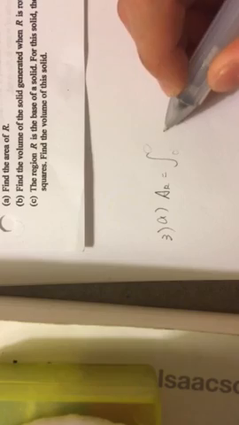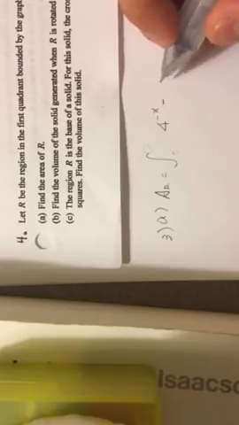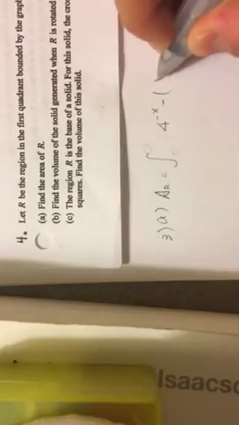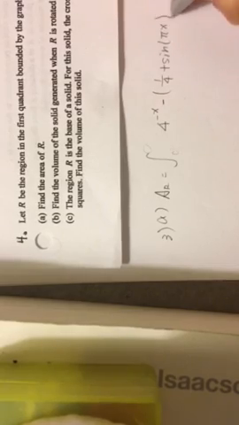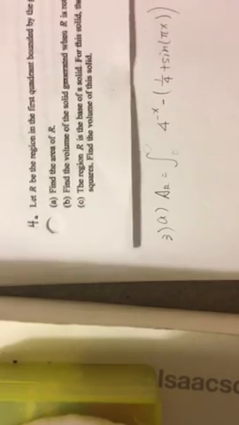We don't know the integers yet, but we have g of x is 4 to the negative x minus f of x, which is 1/4 plus sine pi x. We need to write down that first.